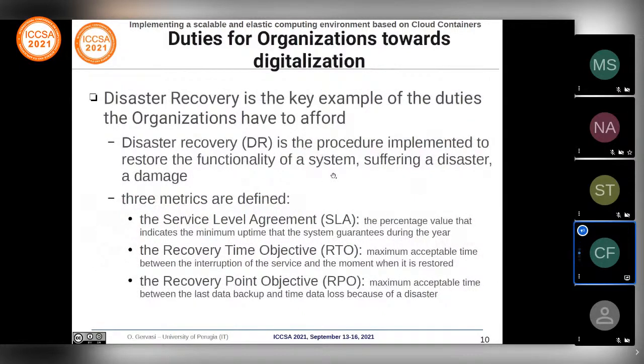We mentioned before disaster recovery because it's a very important issue. All organizations have been required by law, for several years now, to implement disaster recovery. In reality, only a few have done a suitable design, a suitable organization.